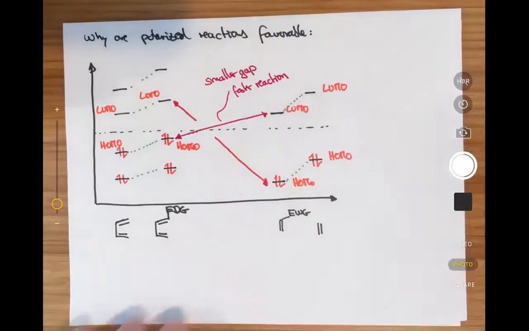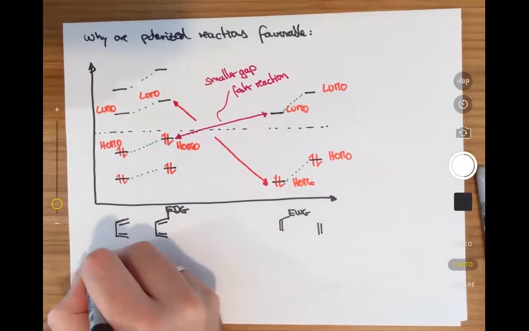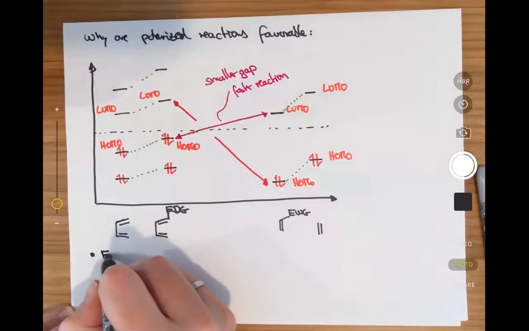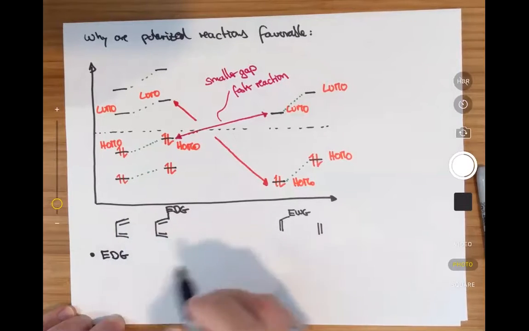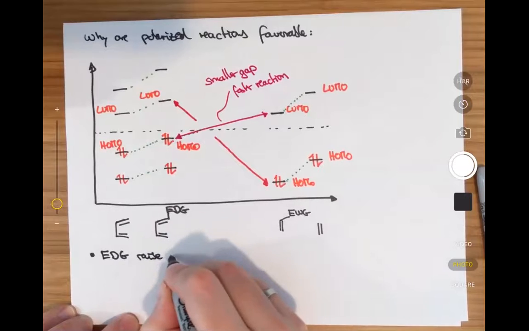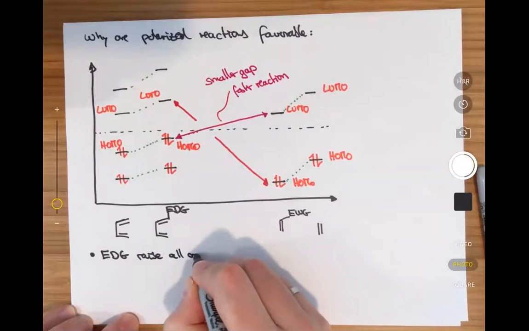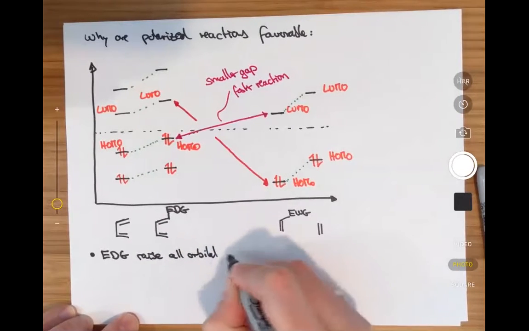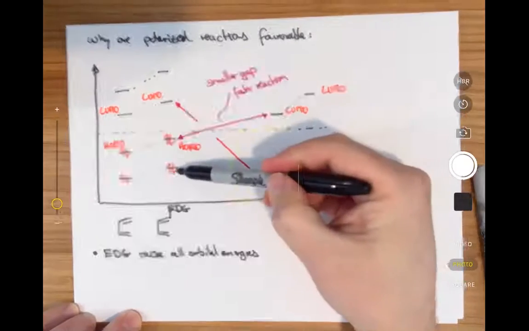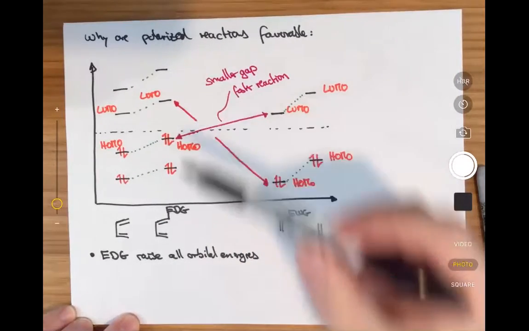So bottom line, what these substituents essentially affect on the pi system is that electron donating groups raise the orbital energies. That's what we observed here by pushing these orbitals up in energy.